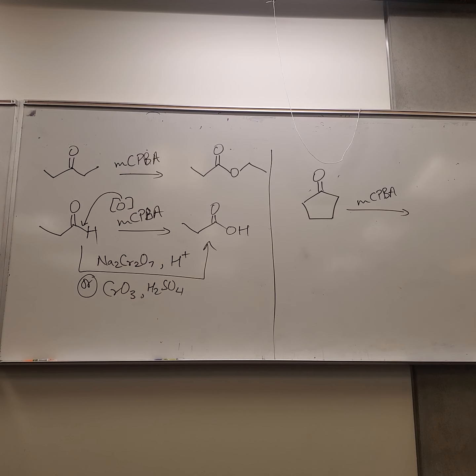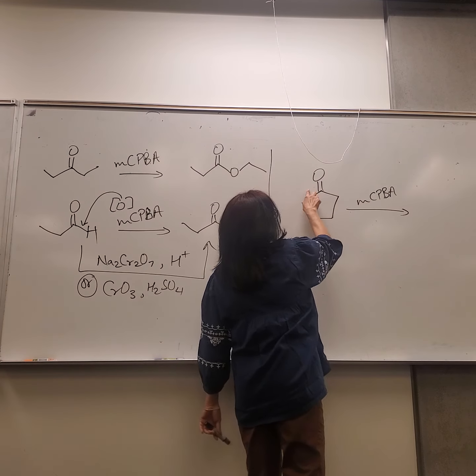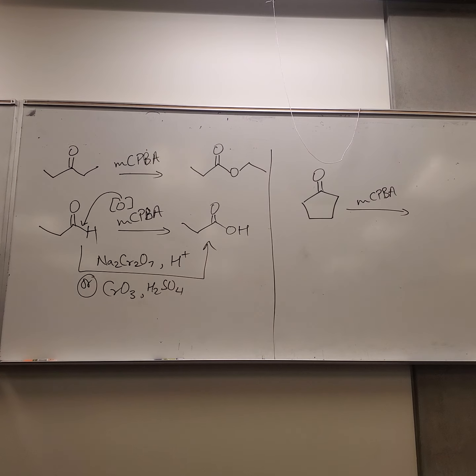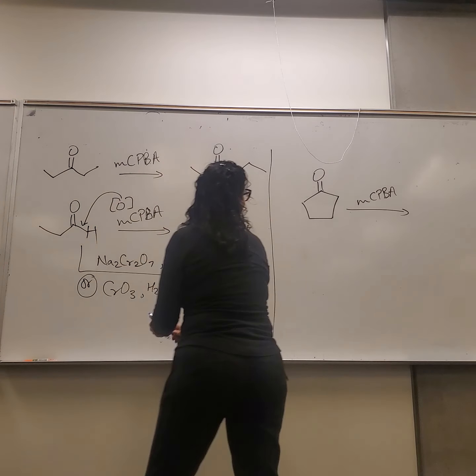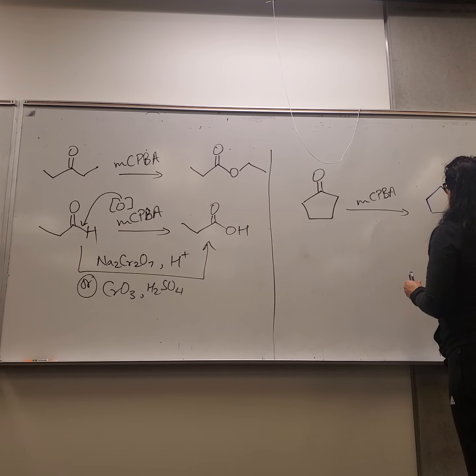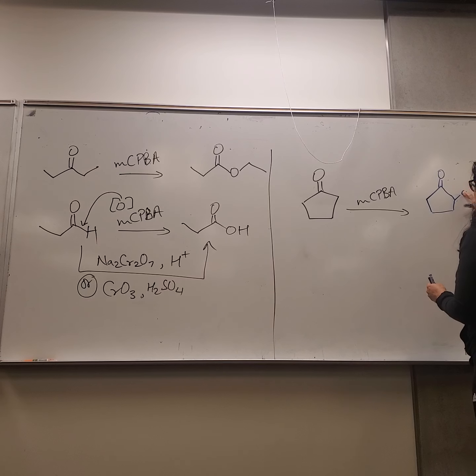Well, there should be an O in that corner. Want to draw it? Sometimes it's easier to draw than to explain. I'm not sure, that's fine, we'll figure it out. Oh, then you lost a carbon. Oh, true. You have the right idea. Don't do that, oxygen cannot do that.